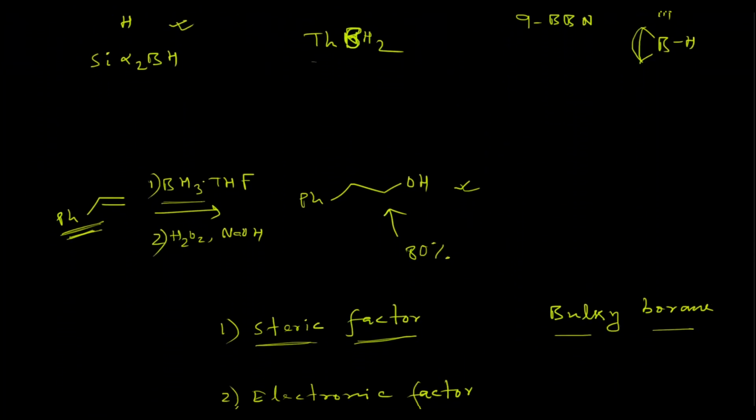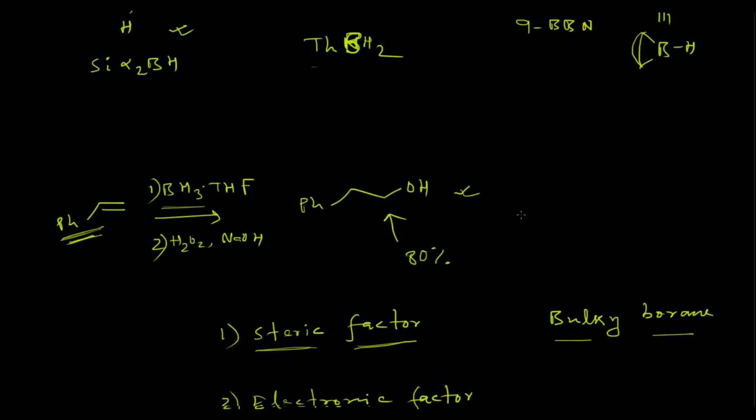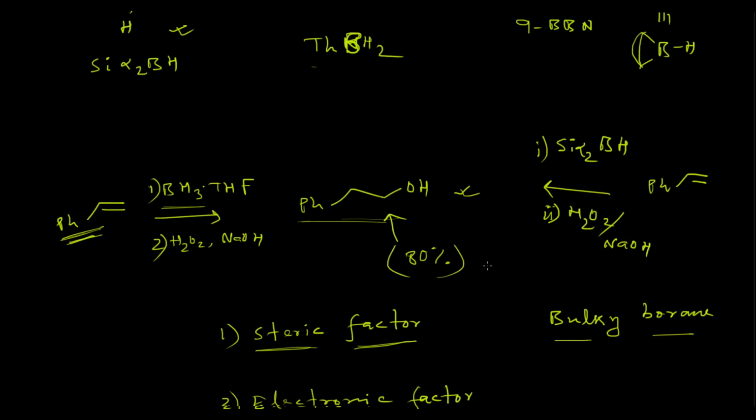Now if we perform this same reaction with Sia2BH and then perform our oxidation step with hydrogen peroxide in sodium hydroxide solution, we will obtain our desired alcohol, where the regioselectivity will now be increased to 98%.